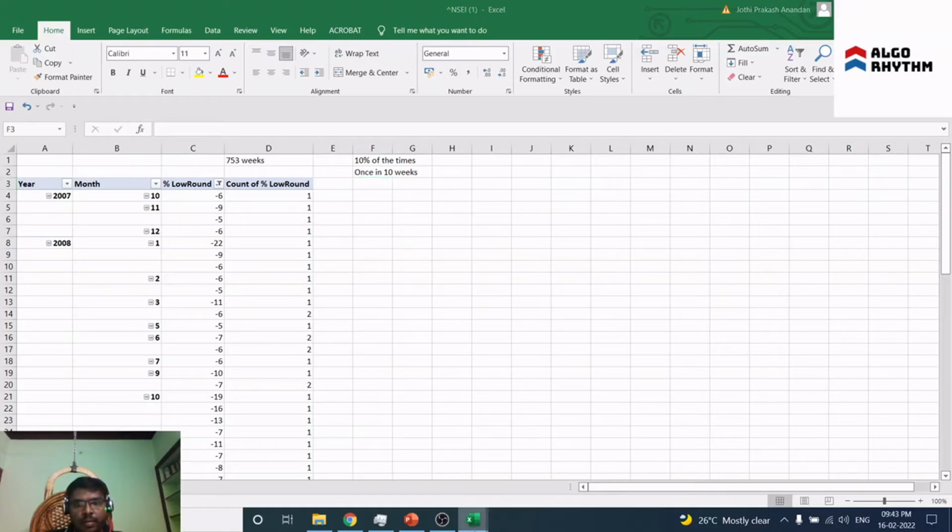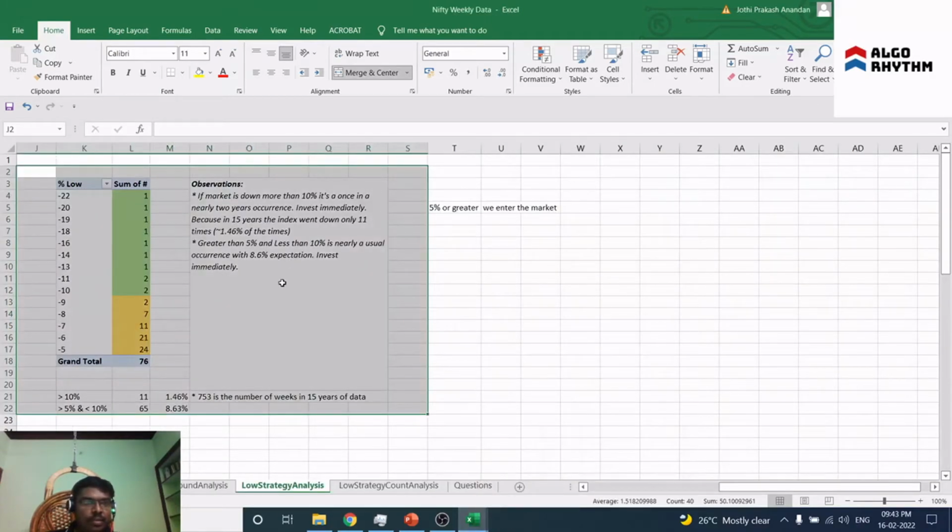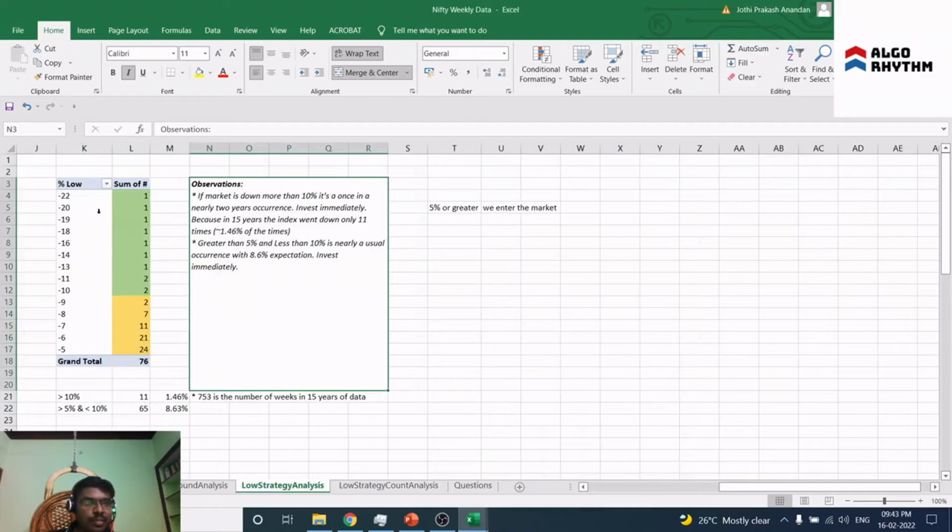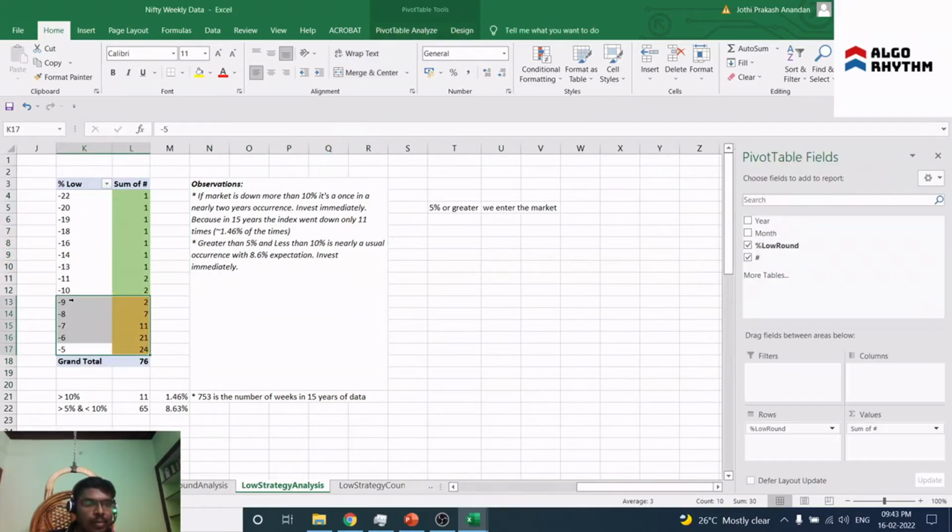And let me show you the analysis I have already done. So this is just the value which you saw from the pivot table. Let's set a threshold over here. I'm setting a threshold of 5 to 10 percent because it's happening a lot of times.